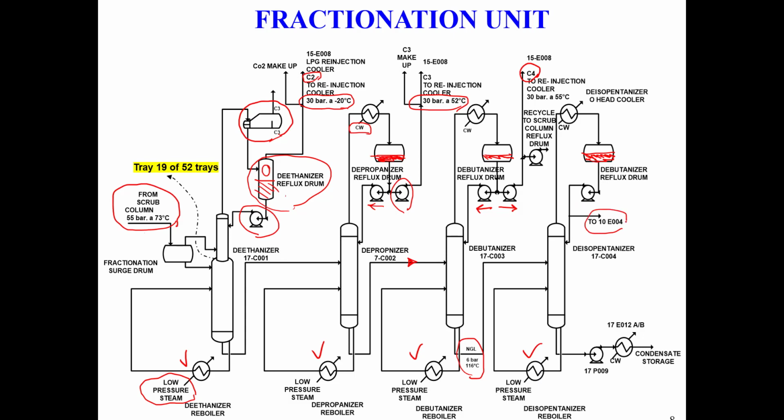We take one side stream here, and also at the bottom we have really heavy products, heavier than isopentane, that will be sent to storage. It will be cooled down by using cooling water here, and then it will be stored.